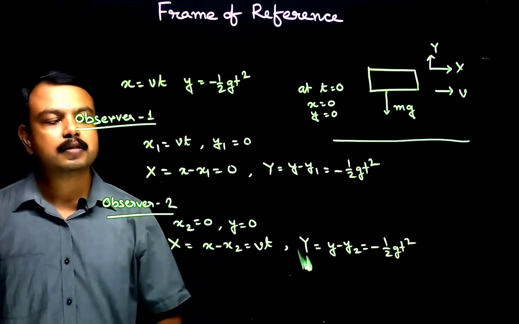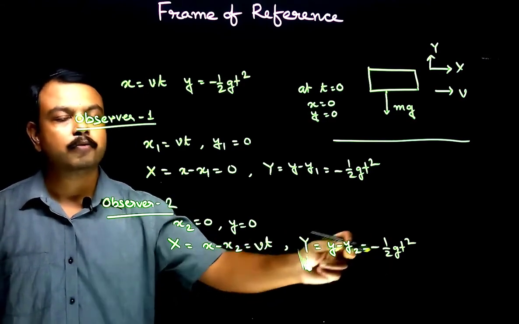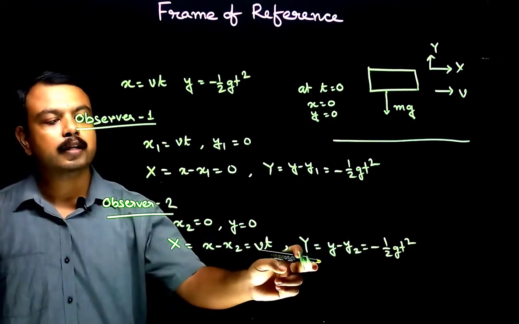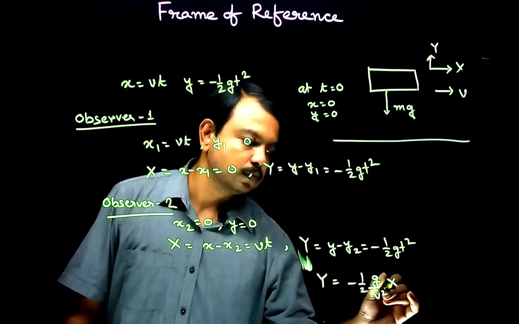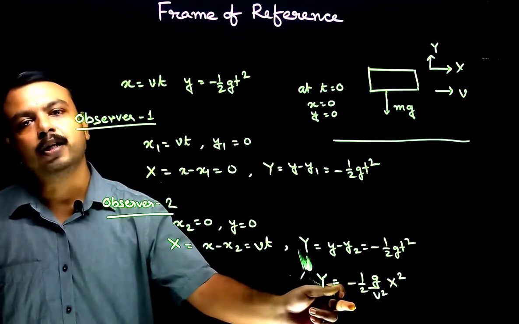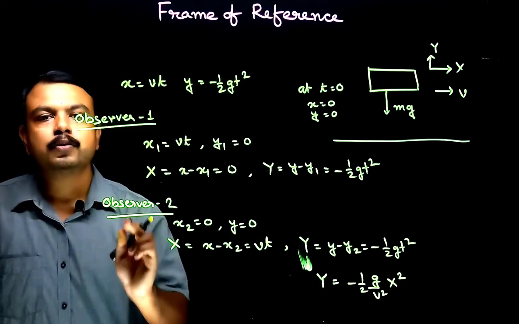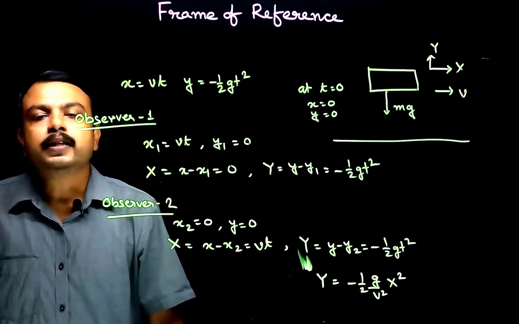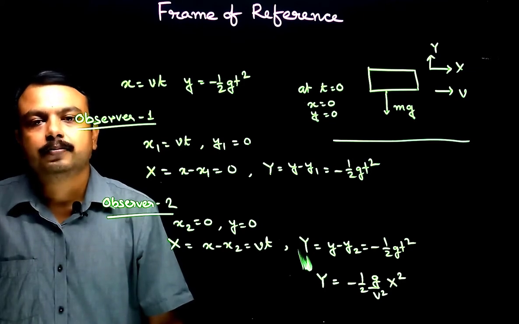Now if we replace the value of t from this equation into this equation, we can write down y in terms of x as. Clearly, this is the equation of a parabola. So, from the viewpoint of observer 2, the trajectory of fall of water is going to become a parabolic trajectory.